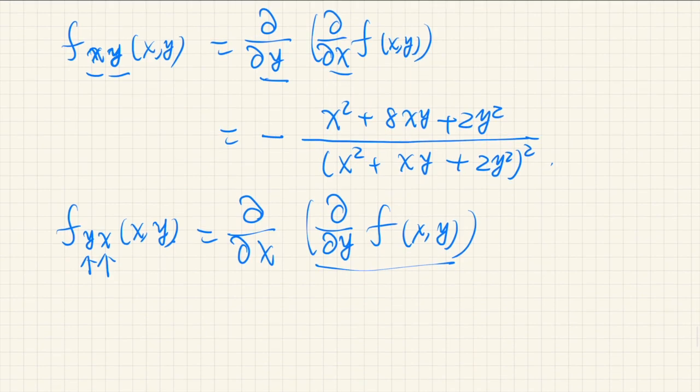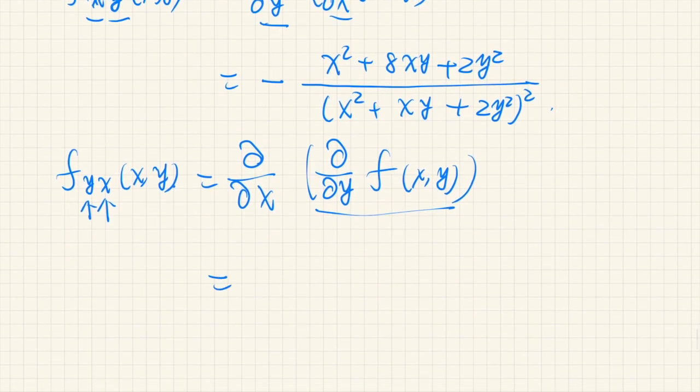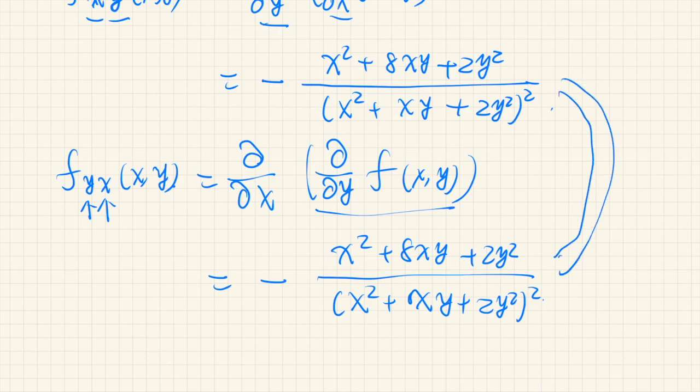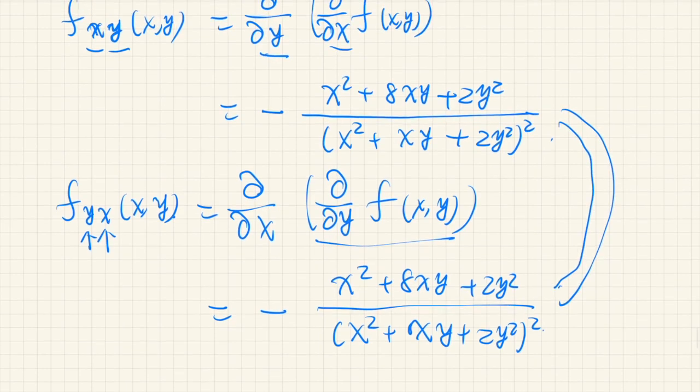So if you differentiate it with respect to x, the answer should be, actually it's the same as the previous case. So this is the same as the previous one. So fxy is equal to fyx.